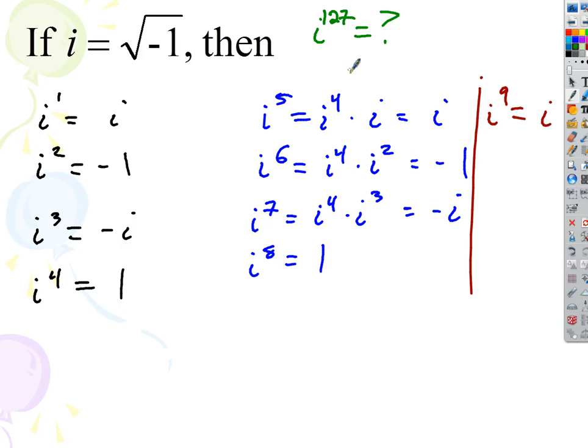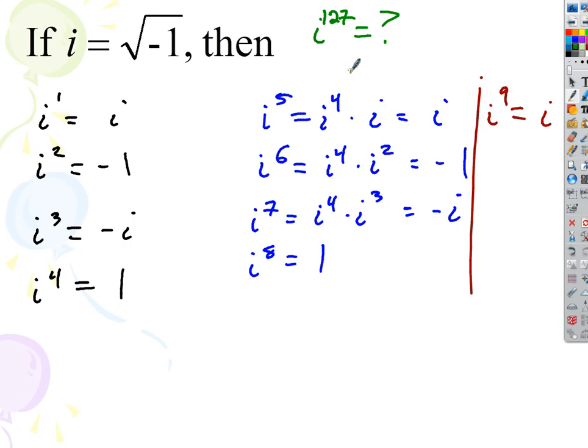Think about these numbers. 4, 8, the next one would be 12, the next one would be 16, the next one would be i to the 20 if I kept going. They're just multiples of 4, agreed? So let me say that again. The largest number that is a multiple of 4 that's less than or equal to 127 is 124.